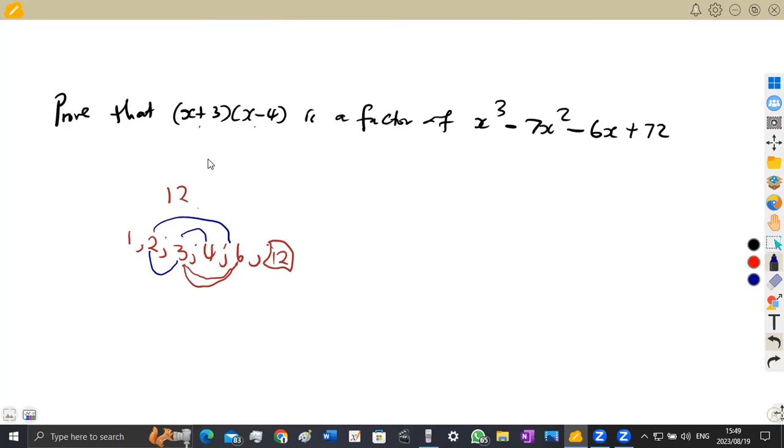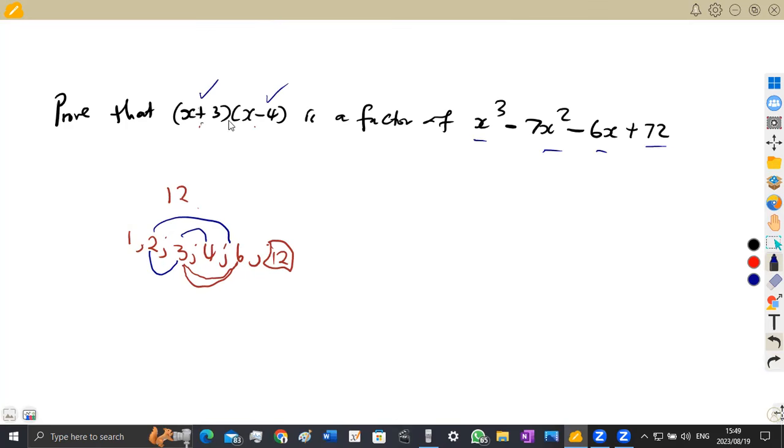I'll talk about the longer way later on. But for us here, we just need to test: is this truly a factor of the given expression that we have?